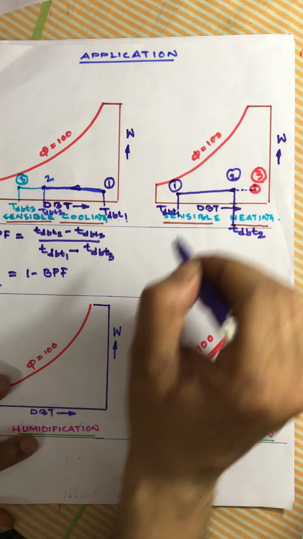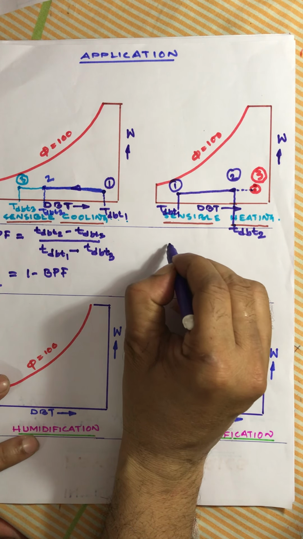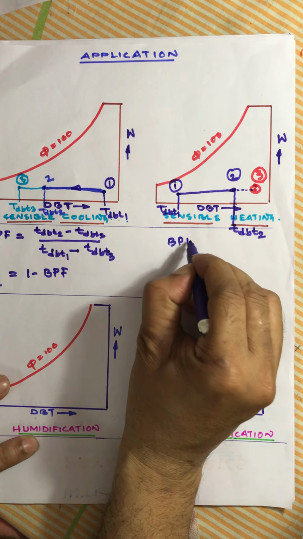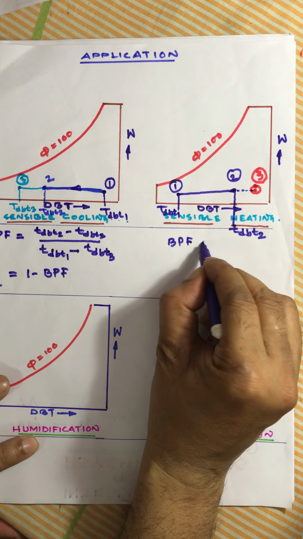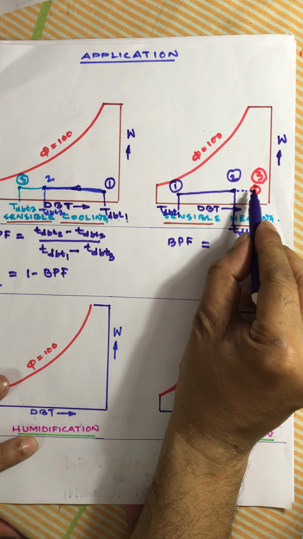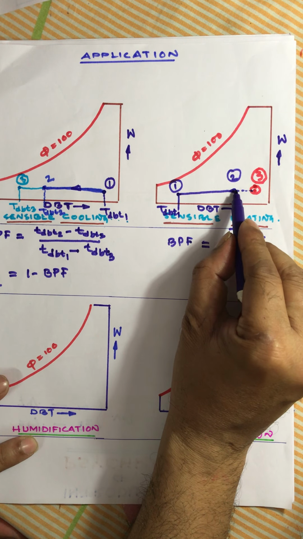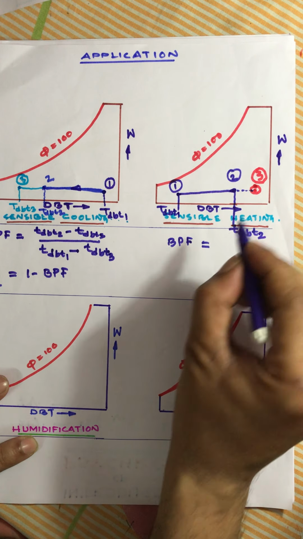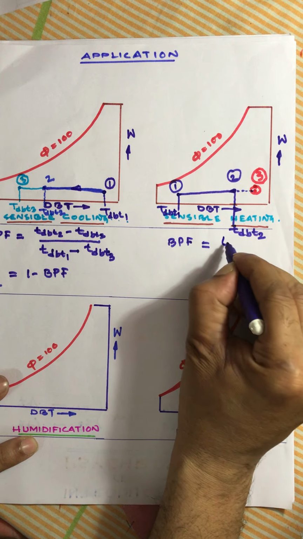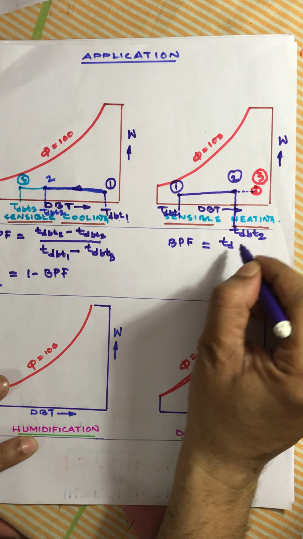What is the bypass factor for that particular case? Bypass factor will be nothing but the final temperature difference between the room air and heating coil.